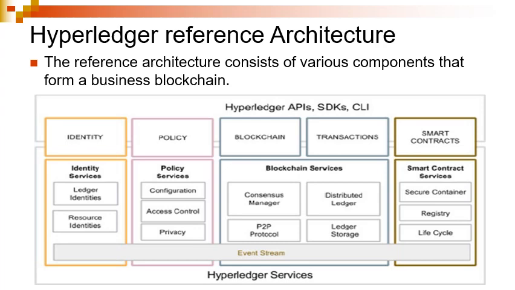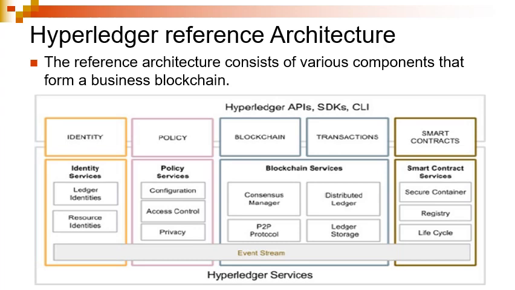Under the identity component, it provides the identity services, ledger identity and resource identities, and policy services provide the configuration, access control, and privacy. Then blockchain services provide the consensus manager.